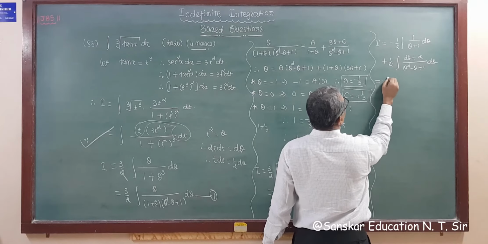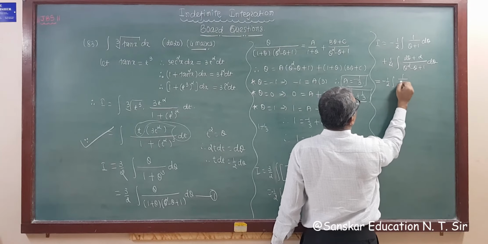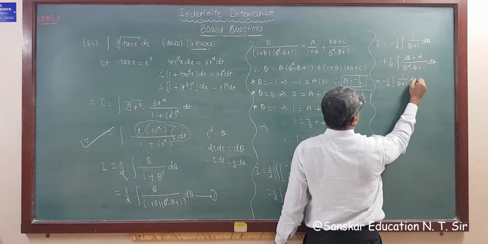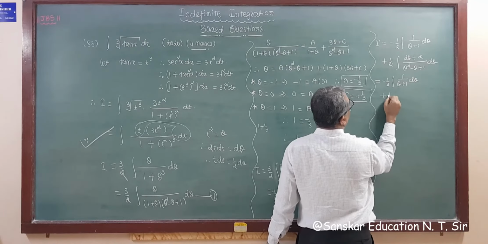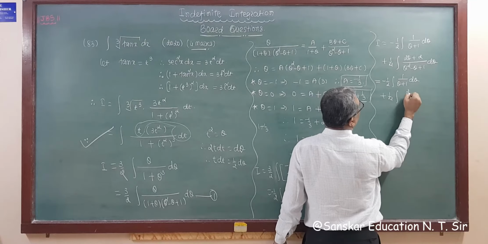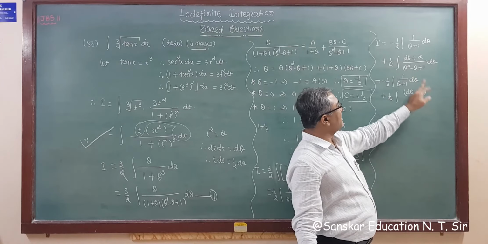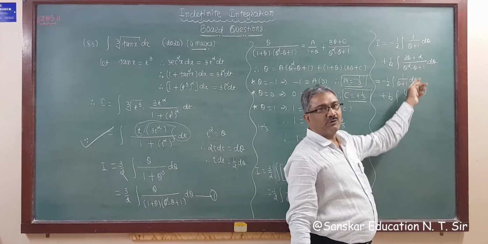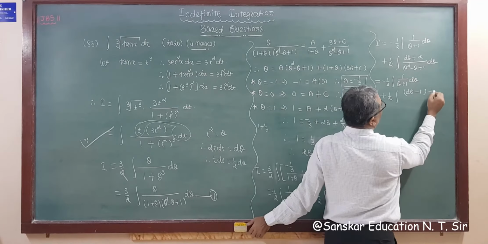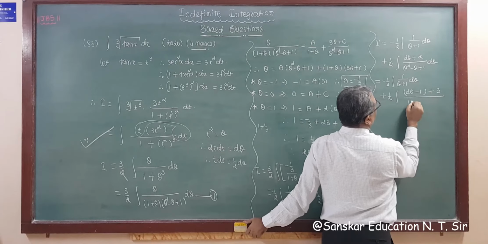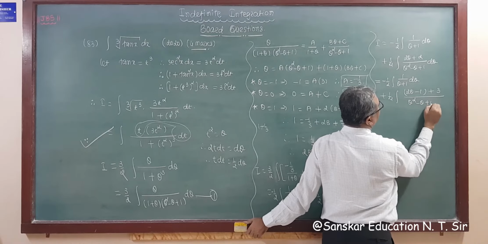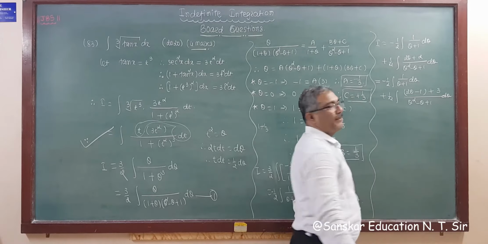So this is -1/2 integration 1/theta plus 1 d theta plus 1/4, this is 2 theta minus 1 we require, the derivative of this is -1, so we separate the 1, we have to add 1, that is +3, so +3 whole upon theta square minus theta plus 1 d theta, right?